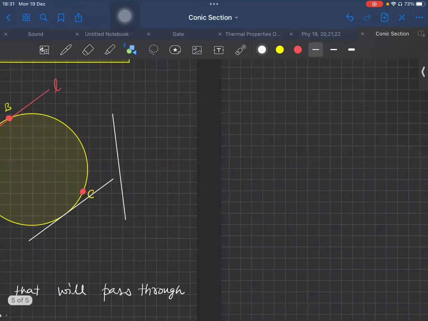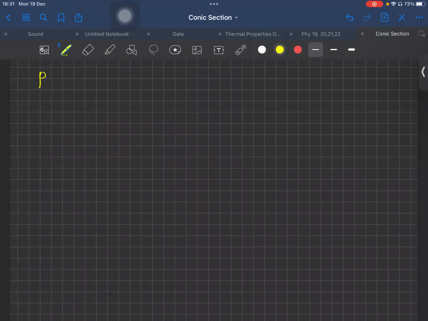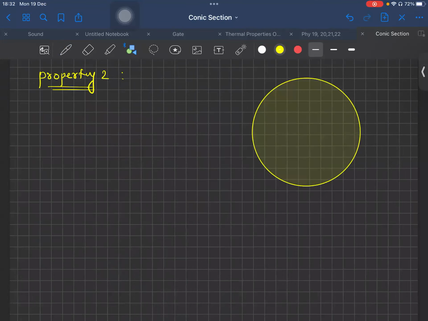Okay, second property, write down. Property 2. So if there is a circle anywhere in the plane, and there are 3 points, 1, 2, and 3, there is only one circle that will pass through 3 non-collinear points.